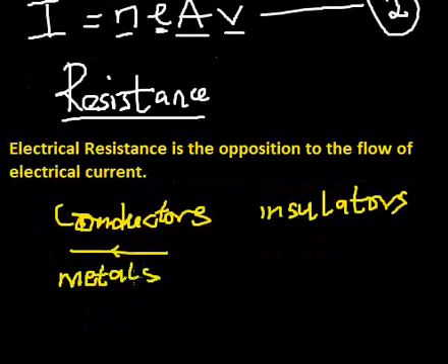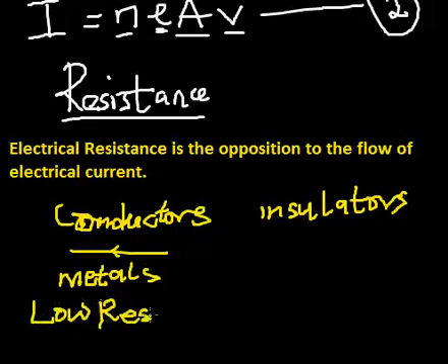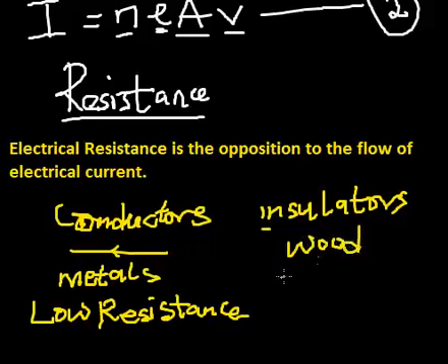Why? Because they allow current to flow, and they offer low resistance to current. But if it is an insulator, mostly these are non-metals, for example wood, this doesn't even allow current to flow through it.